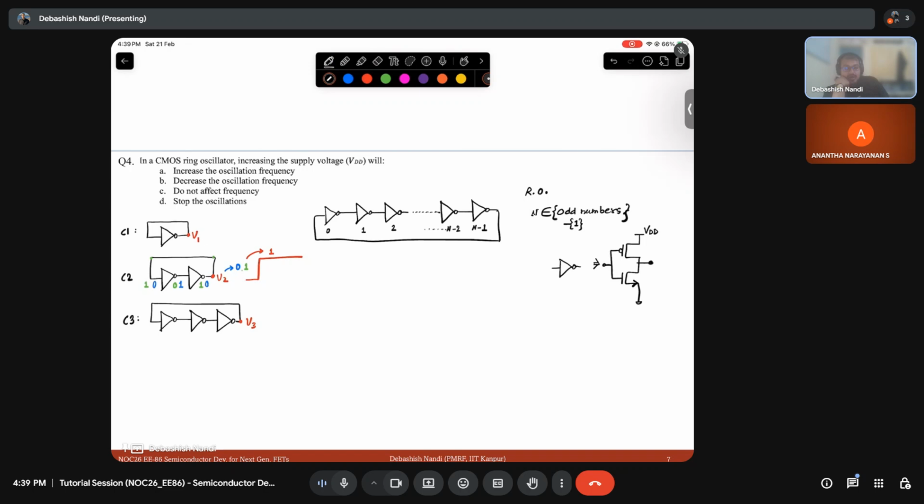The third one is, somehow by means of noise, if this inverter gets started, so if this is 0, this is 1, 0, 1. So 1 is again fed back to this, then 0, then 1, then 0. Then again 0 goes back to this, and it goes on, right? So the output will be something like this.